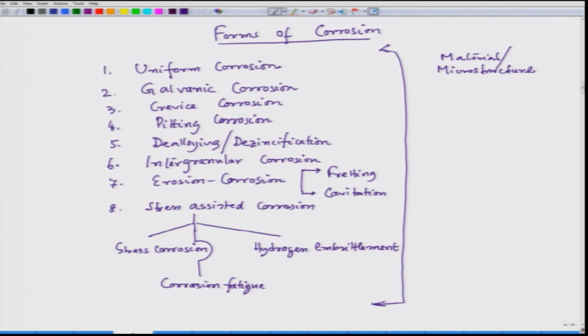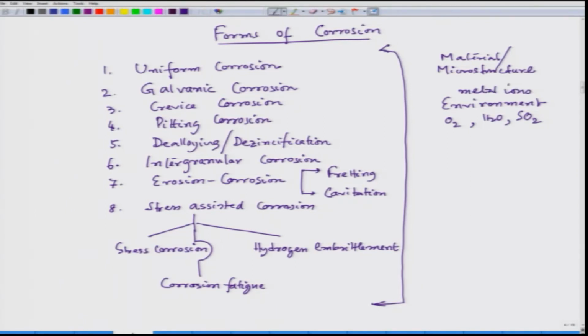Now, then we have environment. This environment is a very big thing, and in a nutshell, when we talk about aqueous corrosion, the influence could be from oxygen, from moisture content, from SO2 content, or there could be the presence of some metal ions.